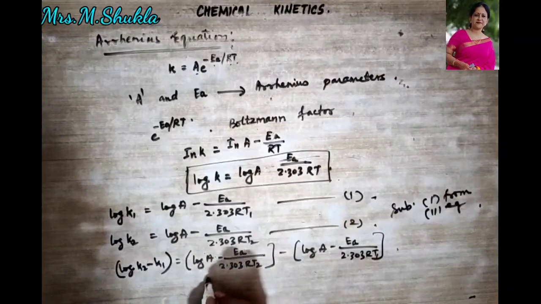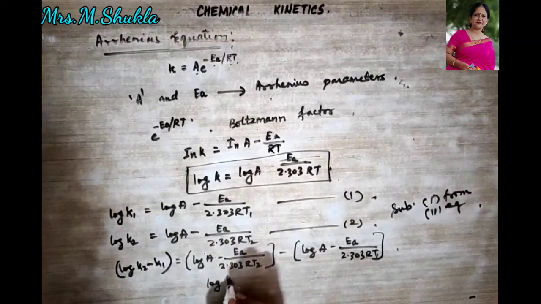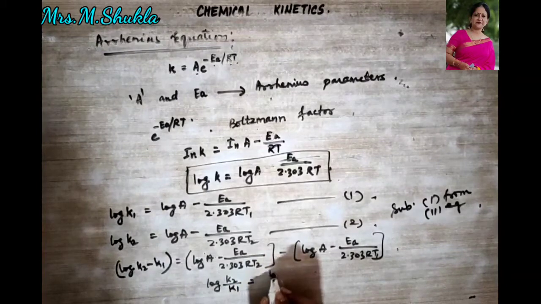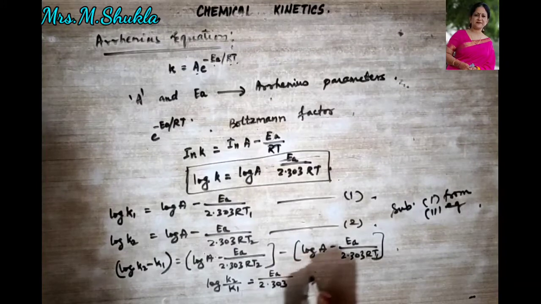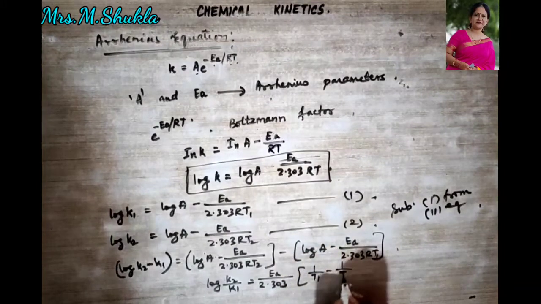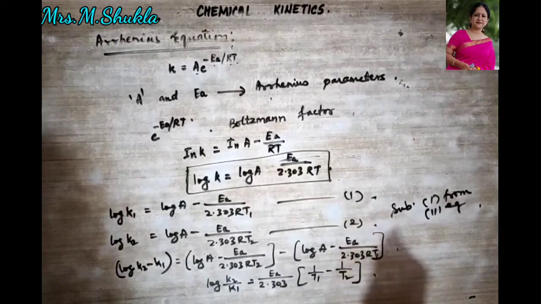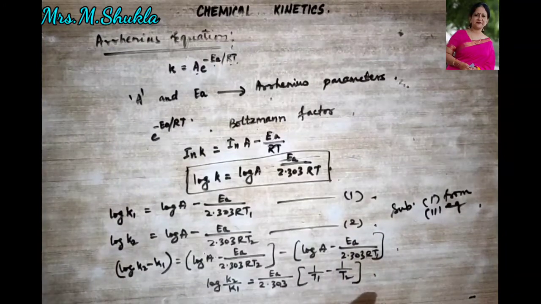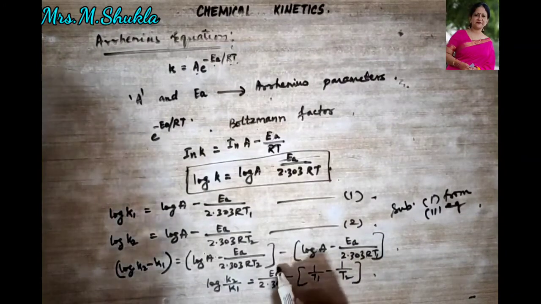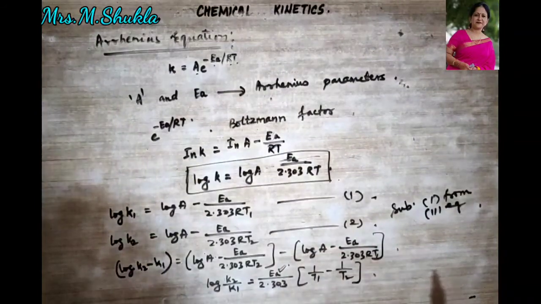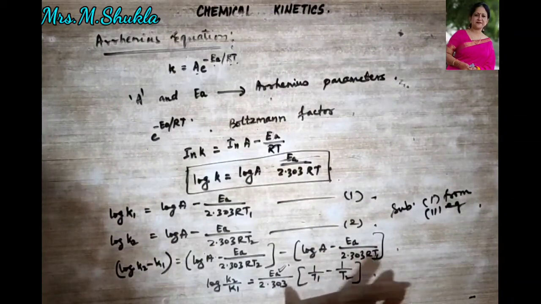So we can say that log K2 upon K1 is equal to activation energy upon 2.303 times 1 upon T1 minus 1 upon T2. So from this given equation, we can easily calculate the activation energy, right?